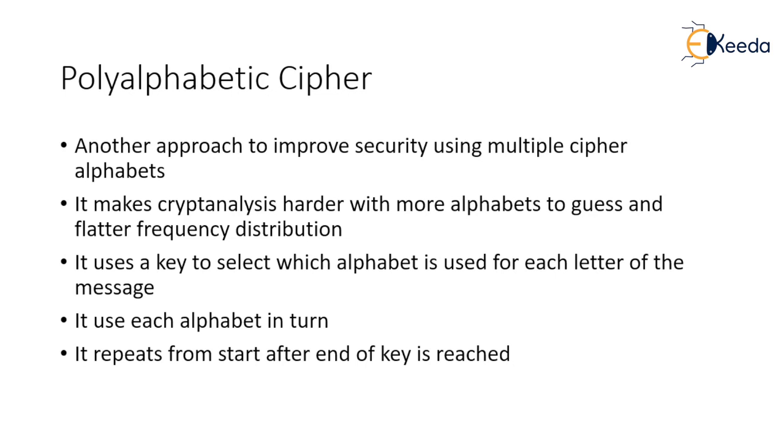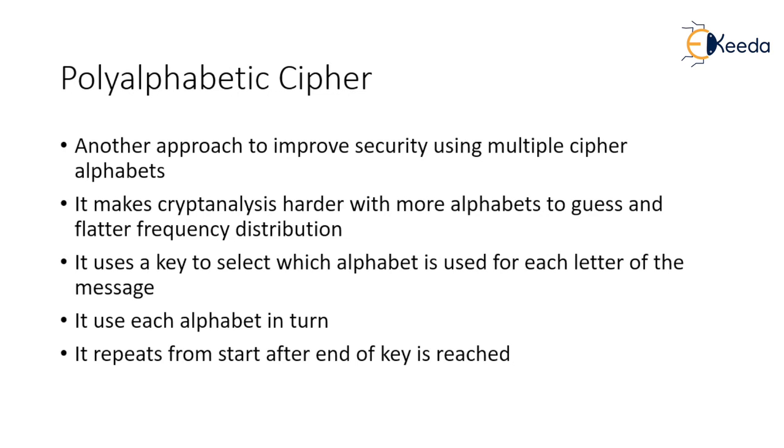These techniques have some features in common. They use a set of related monoalphabetic substitution rules. A key is determined which chooses one rule for a given transformation. It uses a key to select which alphabet is used for each letter of the message, using each alphabet in turn.